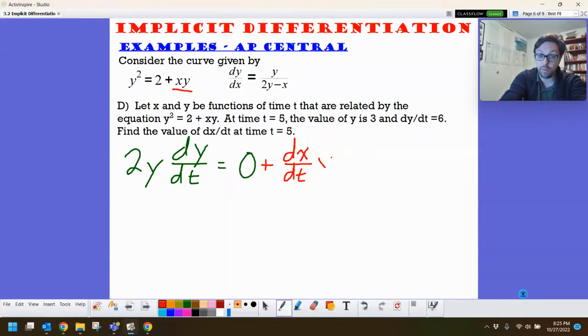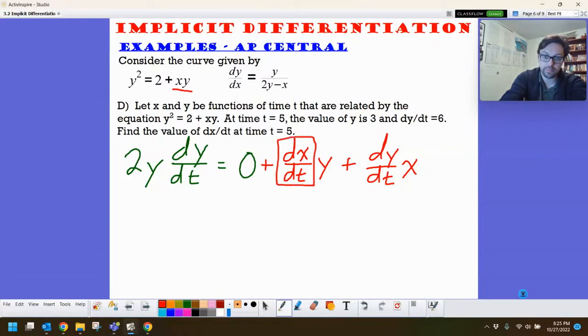And then we leave y alone. And then when we do the rest of our product rule, we get another dy over dt, finding the derivative of y with respect to t, multiplied by our first thing, which is x.